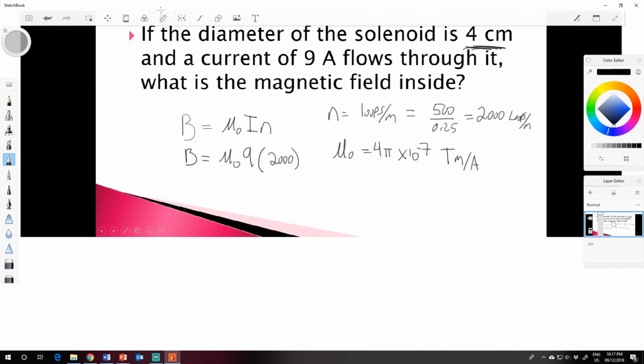And like with every other constant, the units are there so that everything cancels out and you're left with a unit that makes sense. All right, so let's calculate this out. So B will then be 4 pi times 10 to the negative 7 times 9 times 2000. Let's get my calculator.